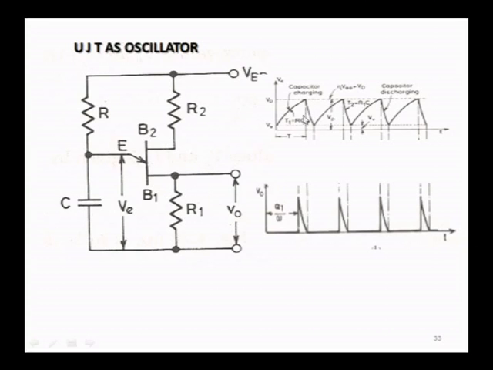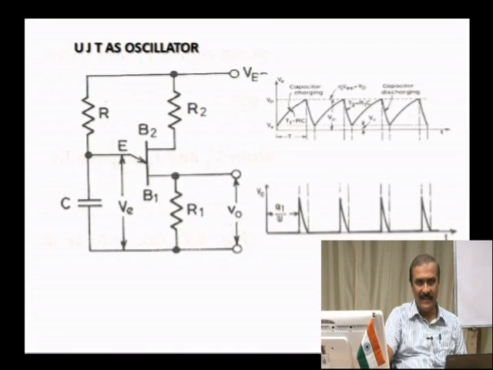This is the discharge path. These are the pulses generated by your UJT. That is why pulse triggering is employed here for firing or turning on your SCR. Now, this UJT will act as an oscillator.